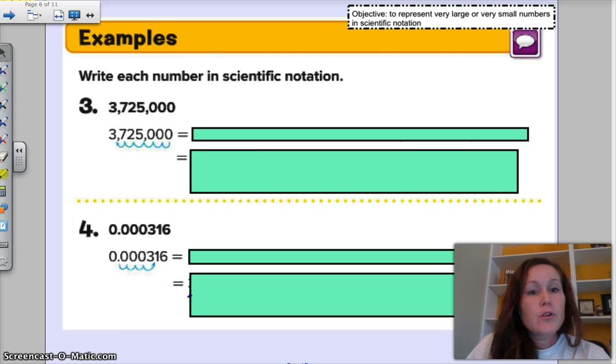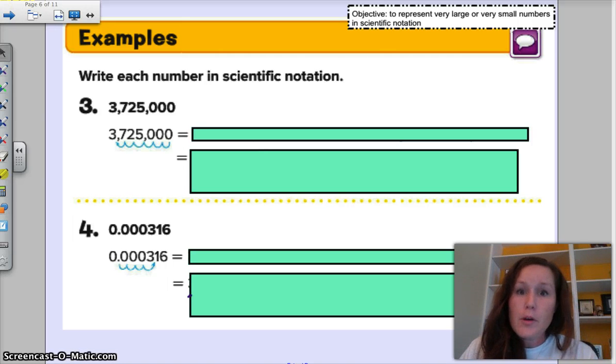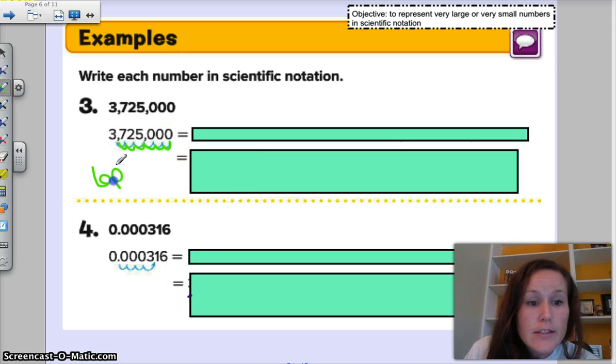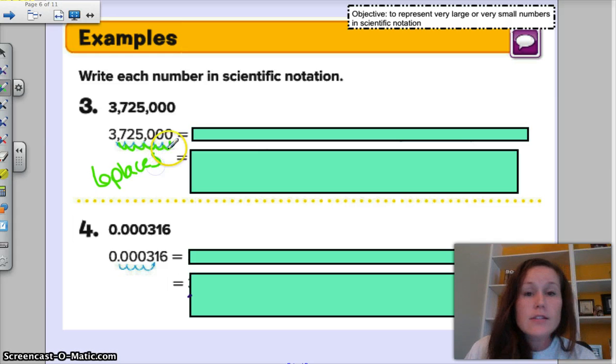In examples 3 and 4, we're actually thinking backwards from our first examples. This says to write each number in scientific notation. So now we're going to actually figure out what the power is. In this case, look at how they've moved the decimal, and I will highlight it too. They went 1, 2, 3, 4, 5, 6 places, and they went 6 places to the left.